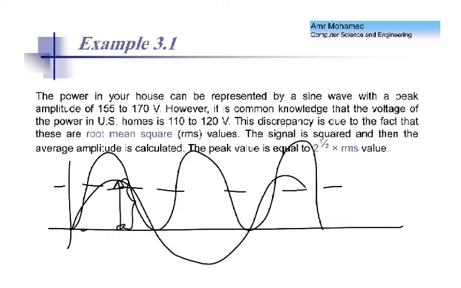So the peak value itself, we square it, and then we take the average. It turns out that the average for the squared sine wave is the peak value divided by 2.